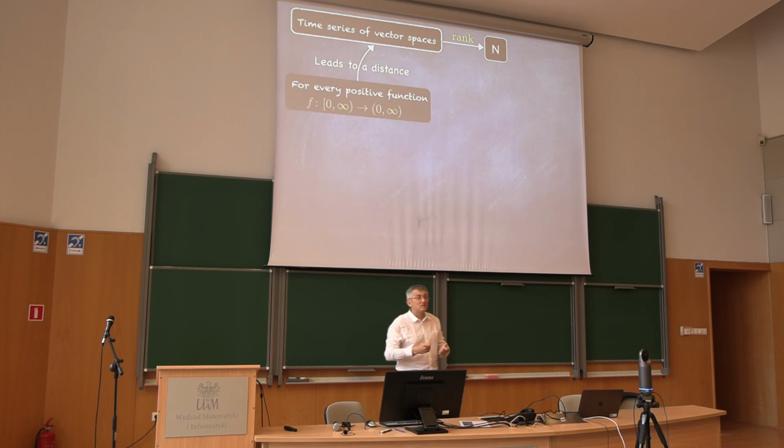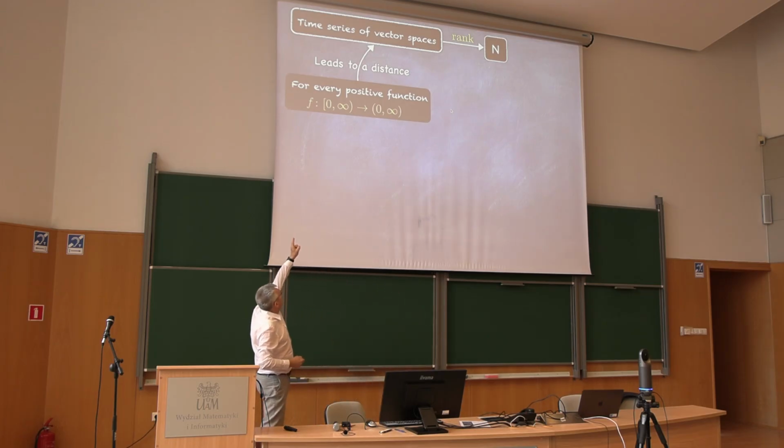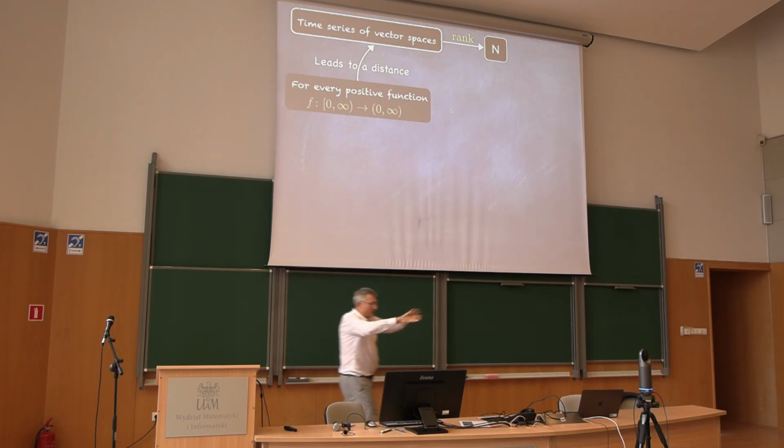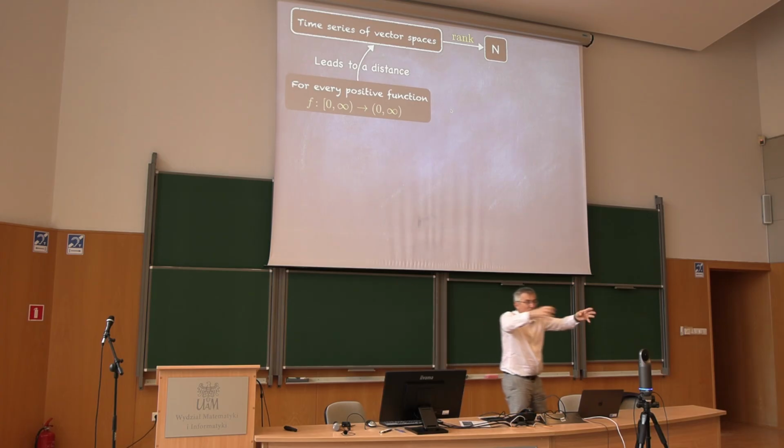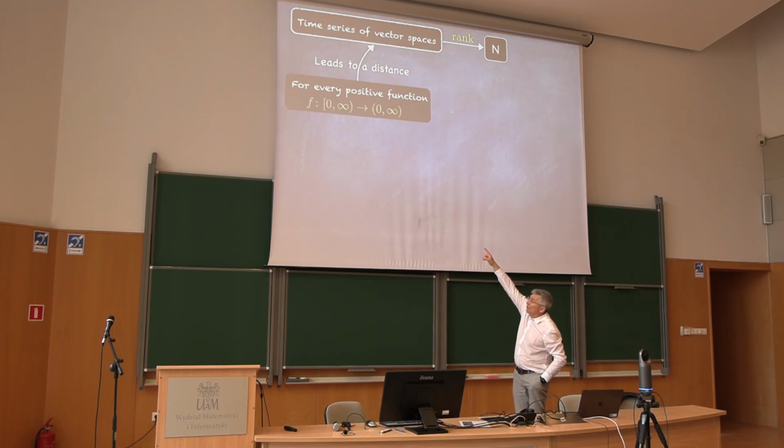We talked about distances on persistent modules, on tame functors. Okay? This is very important. So the space of distances on this time series of vector spaces is very rich. Every positive function leads to a distance. Okay.